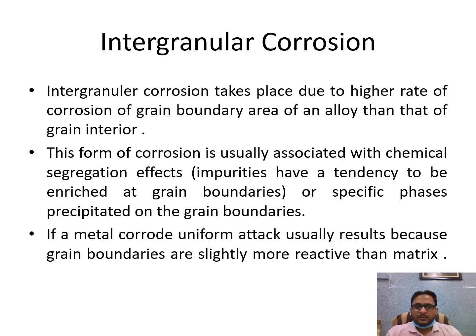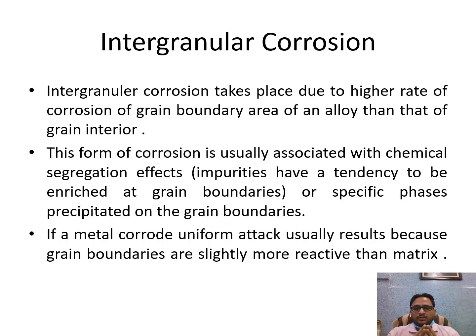Because steel is an alloy, intergranular corrosion takes place due to a high rate of corrosion near the grain boundaries, because when alloys are produced, they are a mixture of more than two metals or a metal and a non-metal. So when the particles are mixed, they have distinct grain boundaries. The rate of corrosion near the grain boundary is always higher, which gives rise to intergranular corrosion.